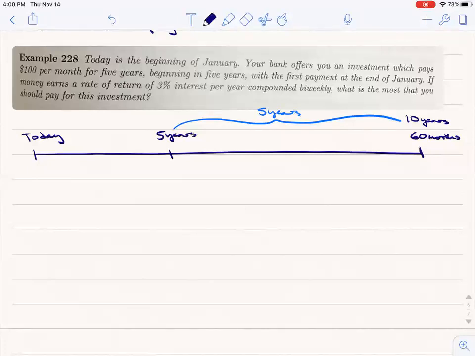And so 5 years in terms of our payments translates to 0 months. Then we're going to get payments every month. So here's 1 month, 2 months, up to 59 months, and then 60 months.